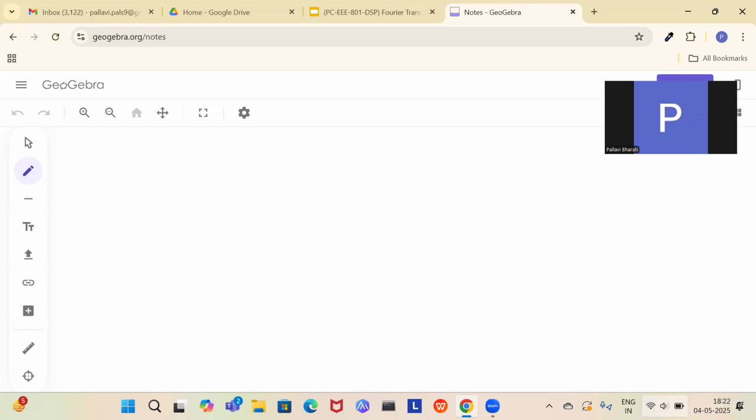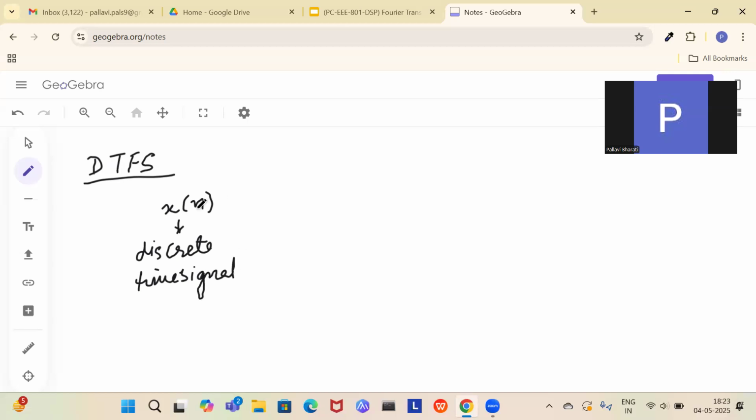The discrete time Fourier series, that is DTFS, is written in this form: x[n]. This is a discrete time signal, and this is n.